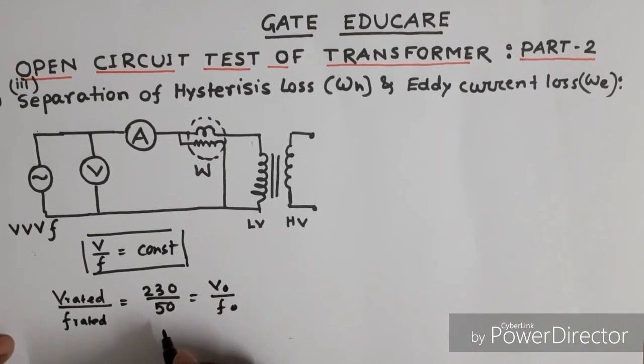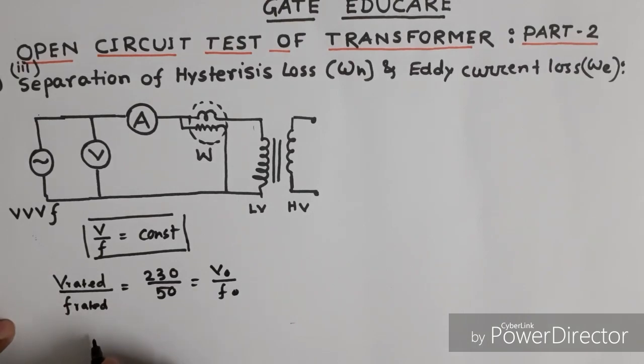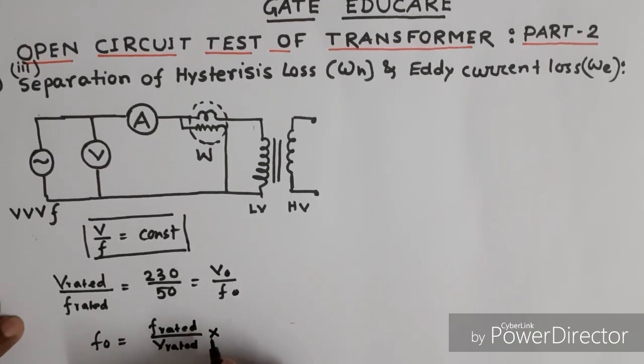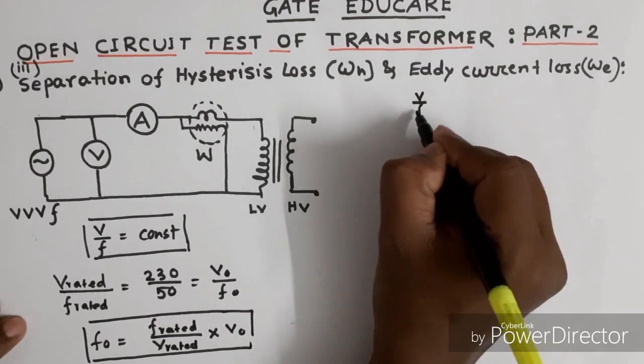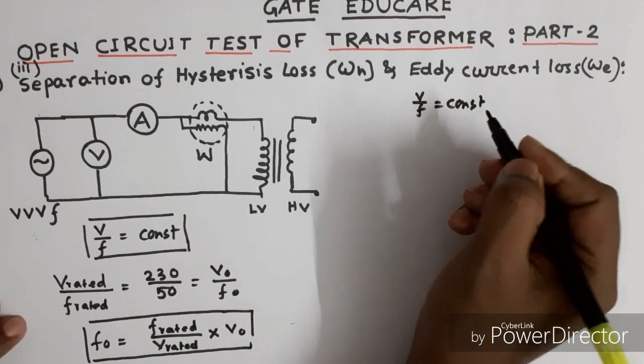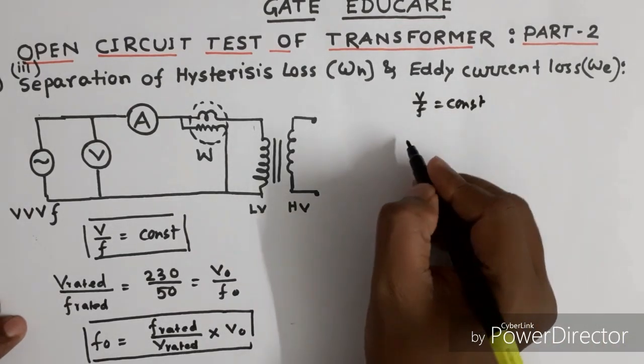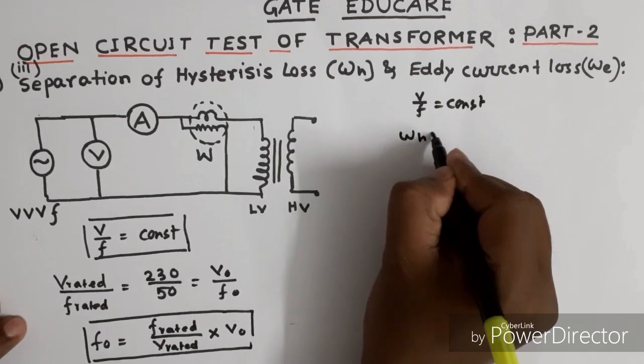Therefore, we can write down F0 equal to F rated by V rated into V0.